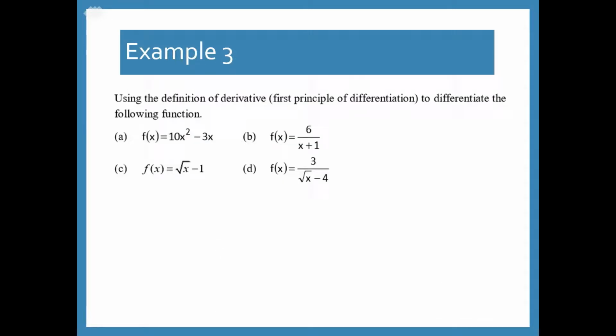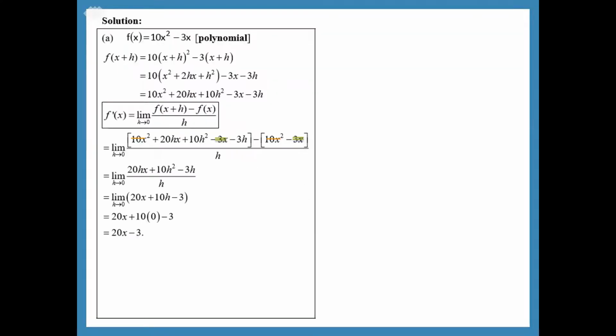Proceed with example 3. You need to use the definition of derivative to differentiate the following functions. A is a polynomial function. By applying similar steps, f(x plus h) is equal to 10x squared plus 20hx plus 10h squared minus 3x minus 3h. Substitute this into the formula and simplify.